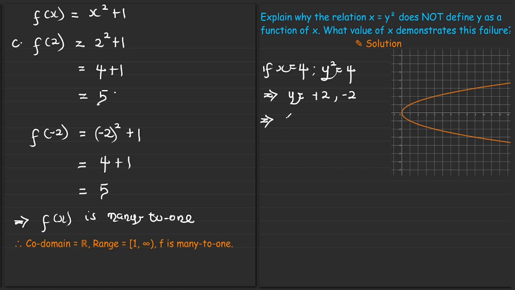Now, this is a one to many mapping or relation. Hence, it is not a function of x. For the example of an x that demonstrates this, once again, we can input x equals 4, which gives us these values of y. So that is just it.